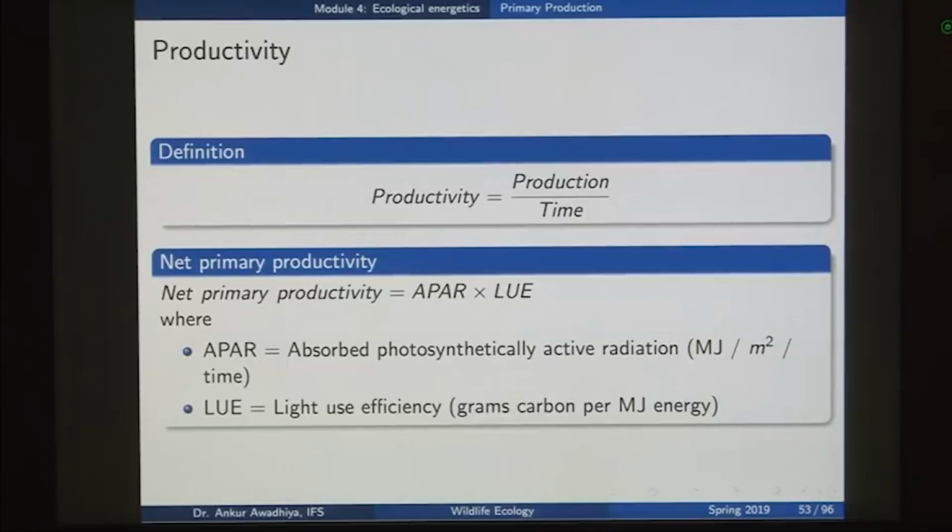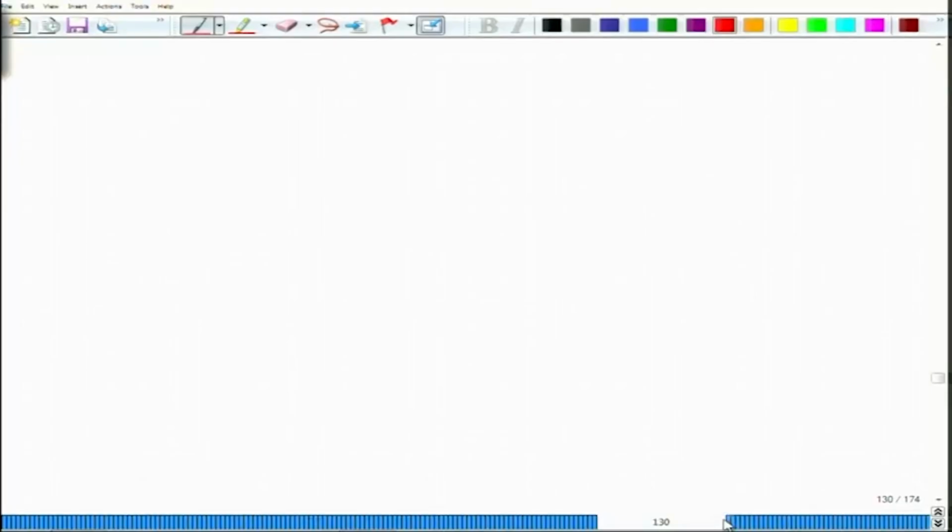Now, we can try to compute net primary productivity using this equation. The net primary productivity is given by APAR multiplied by LUE, where APAR is the absorbed photosynthetically active radiation and LUE is the light use efficiency.